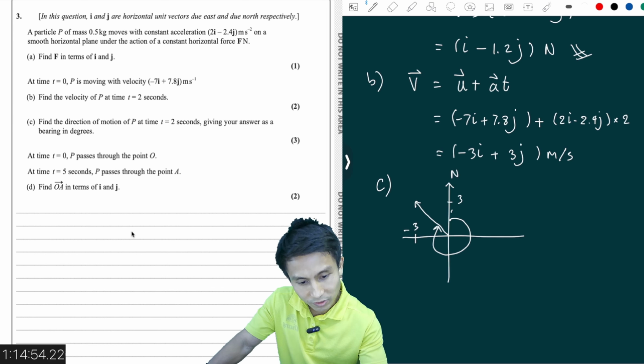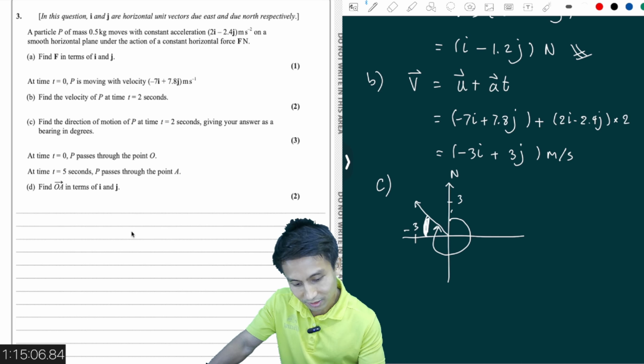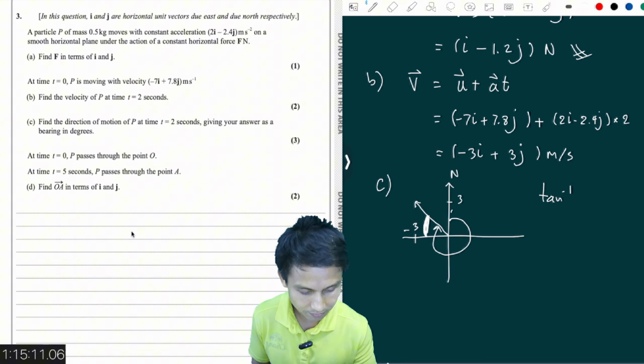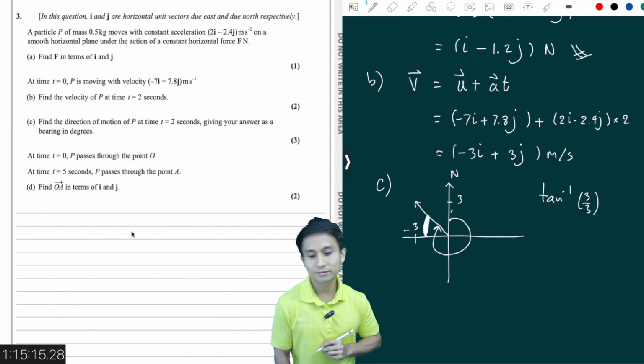Because we already know that it's minus 3 there, how about we find this angle right here? That angle there is arctan 3/3, right? That physical angle there.